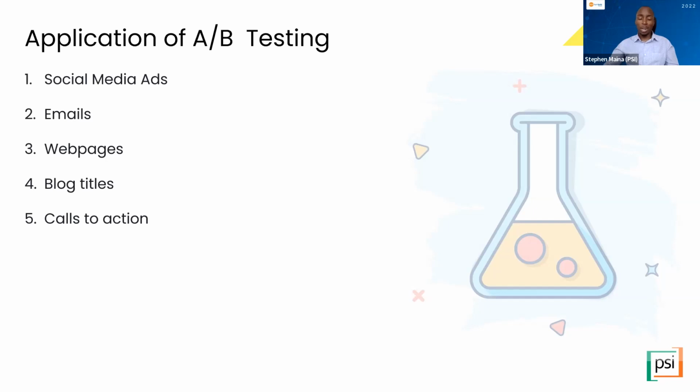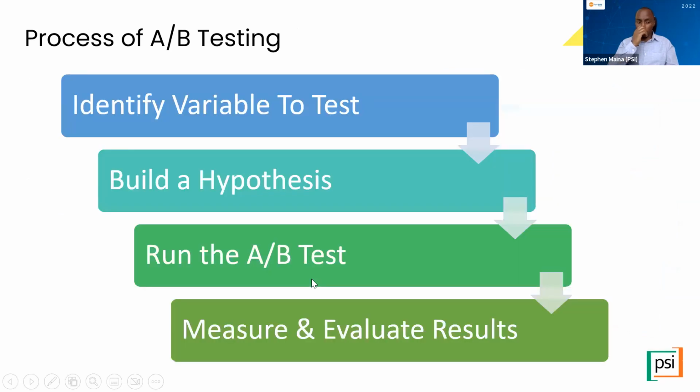Blog titles is also one that we've seen A/B testing can be used for, and call to action buttons. So if you're trying to figure out which call to action button would perform best in a campaign or in a certain strategy, then A/B testing is something that you could use to figure that out.